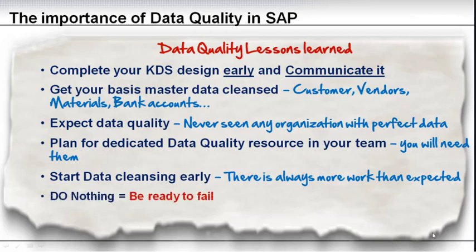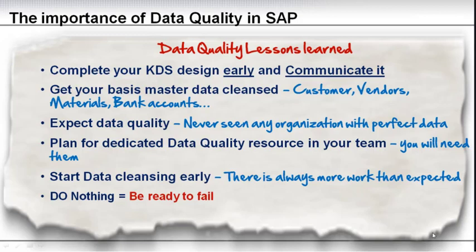Do nothing, be ready to fail. I cannot say it more concisely or more clearly. And fail, again, we were discussing project success earlier. Failure is to not realize the benefit from your project, and the benefit you will not realize if everyone is running around firefighting or correcting things caused by data quality issues, and it might continue to happen because you don't have a way to enforce it.